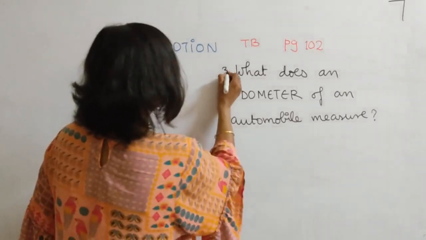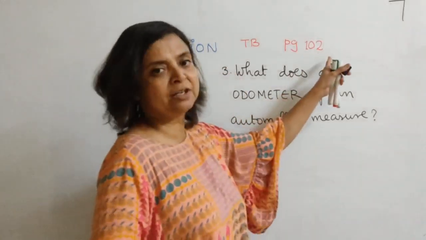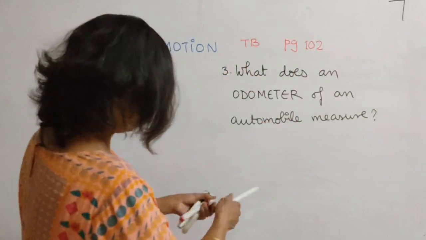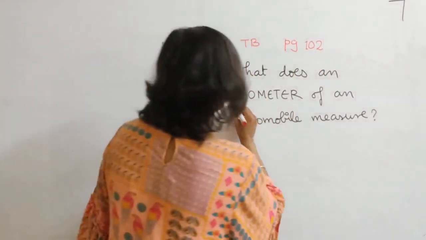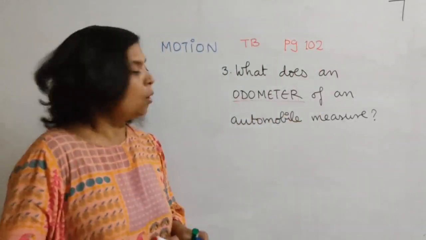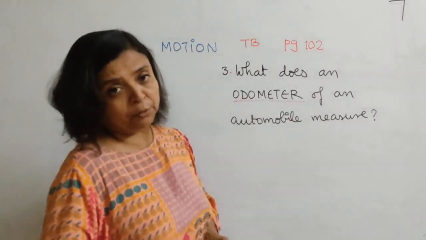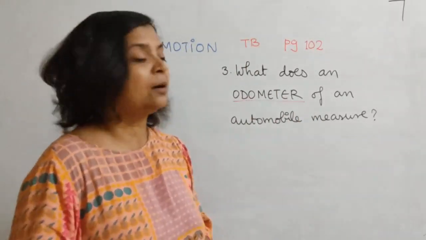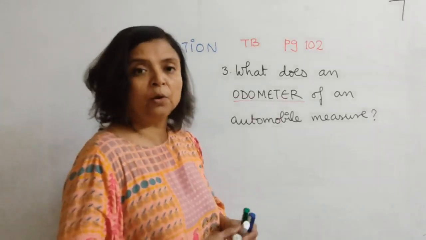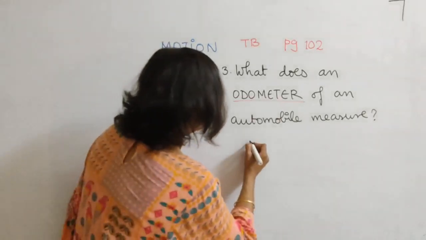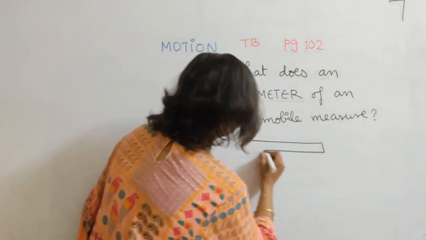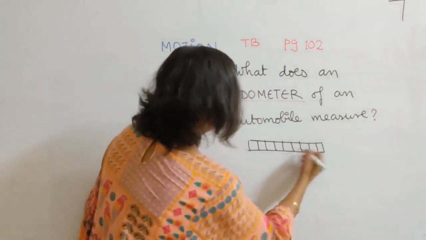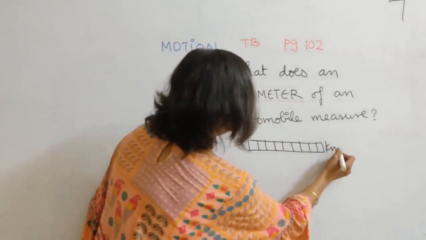So the third question on page number 102 of your textbook is, what does an odometer of an automobile measure? Well, odometer, whether you own a bike or a two-wheeler or a car, you will always see that there is a meter which has got many blocks and a few numbers here and there, and it says kilometers.